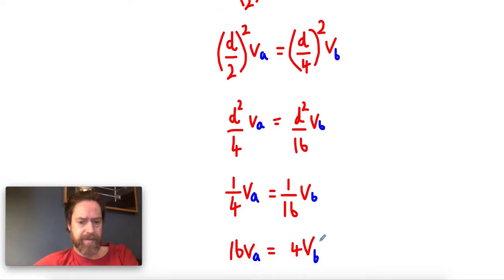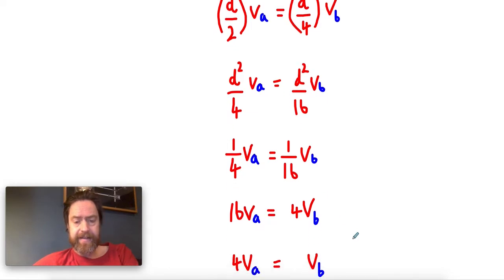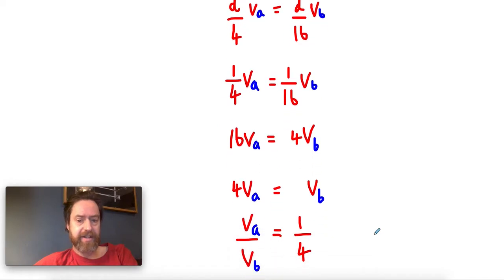I've got 16 times VA equals 4 times VB, so I've just multiplied the 4 and got a 16 up to here. And we get that 4VA equals VB. So basically the drift velocity in VB is 4 times greater than VA. And writing it as a fraction, we get VA over VB equals a quarter. I think probably all of this bit that I've just done, you would just do very quickly because you do this sort of thing quite a lot in maths, or you did at GCSE.